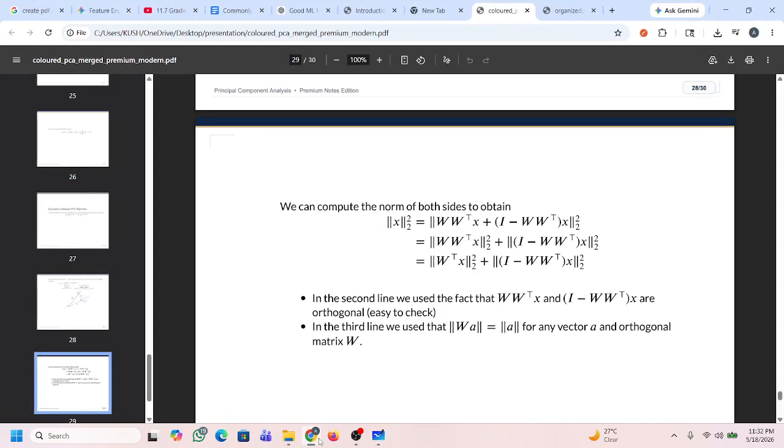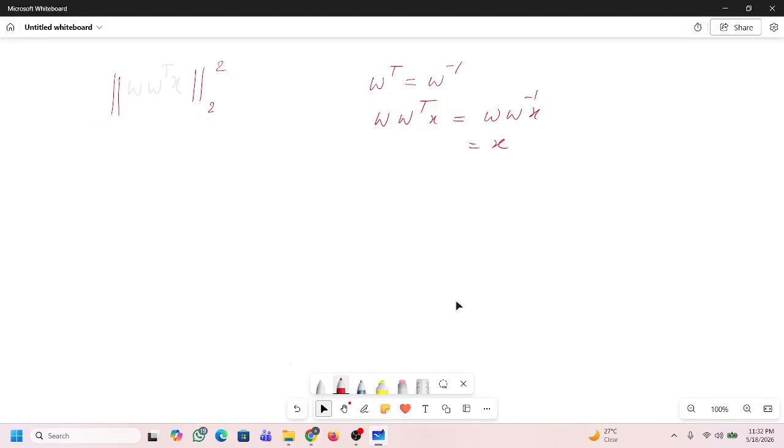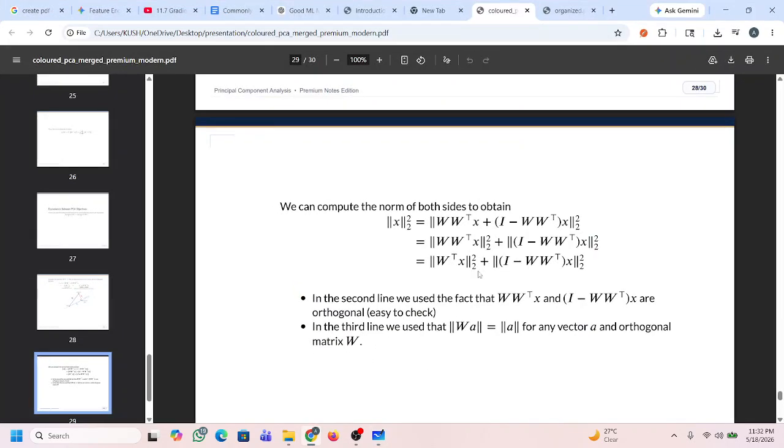Because these two things club to form x, here you are getting x simply. So you can write that this is equal to the L2 norm of x. This is the thing that is done in this particular step.